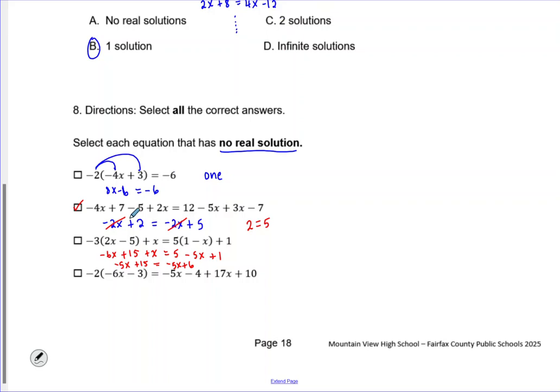Alright, look what I have here. I have the same situation, so I have two different numbers. This is also no solution.